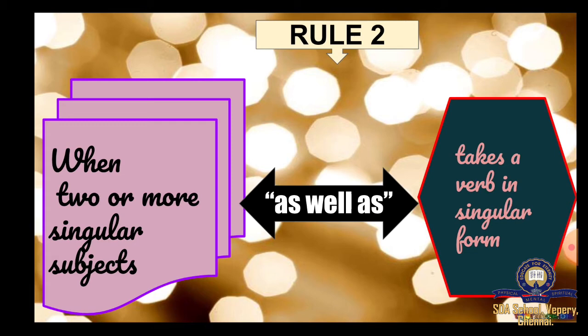But when does it happen? It must be connected with the words as well as. So we can have two or more subjects too, but the subjects must be in the singular form and must be connected with as well as. If that's the case, then the verb will also be in the singular form.